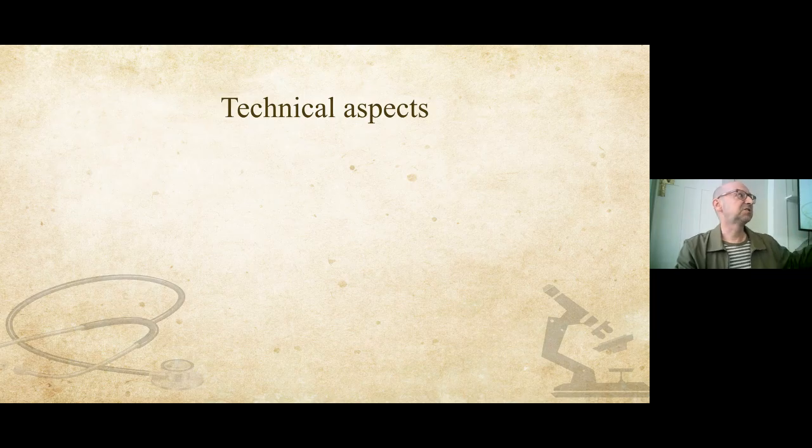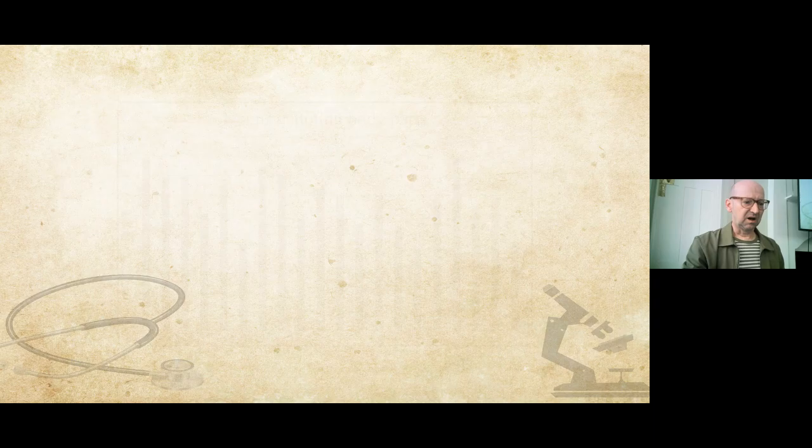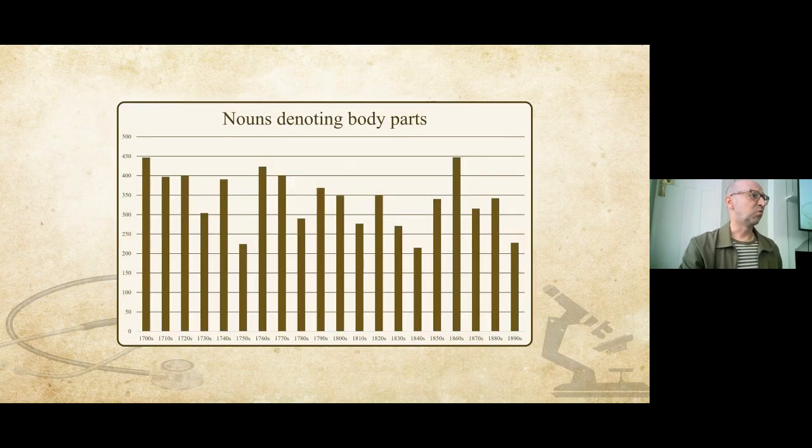Technical aspects: how did I look for that? I looked at the word list for the whole corpus, for all the 200 articles, and looked for those that had been tagged as a noun. And then I looked through the whole list and selected those that refer to body parts. And then I used that as a search list for going through the decade by decade aspect. Again, underwhelming results.